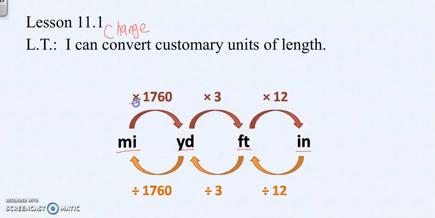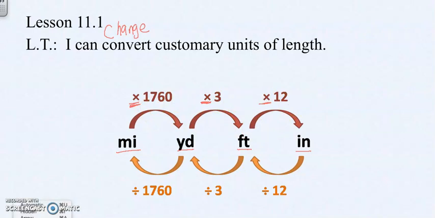Notice that my operation is multiplication. I'm multiplying, just like when we had to multiply when we were going from one large place value to a smaller one. We're multiplying to go from big units to small units. And the relationships are right here. You don't have to memorize them right away.